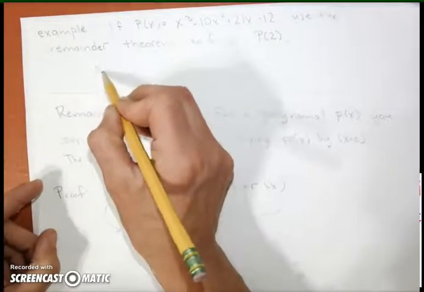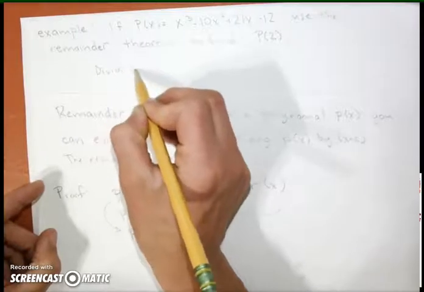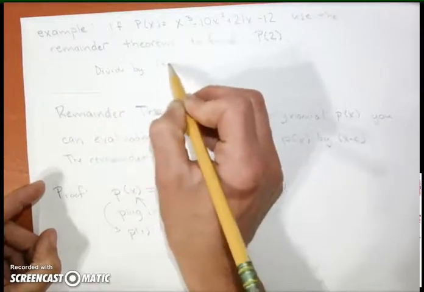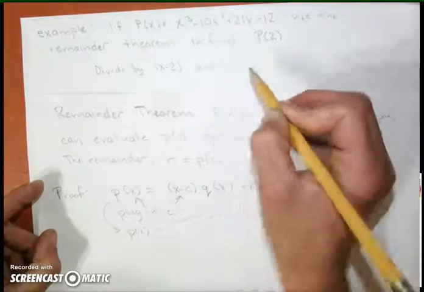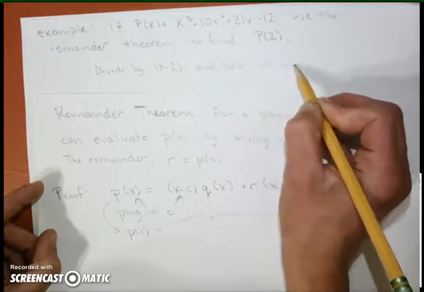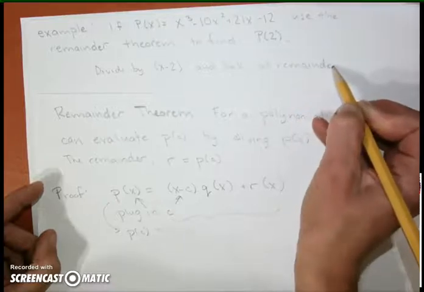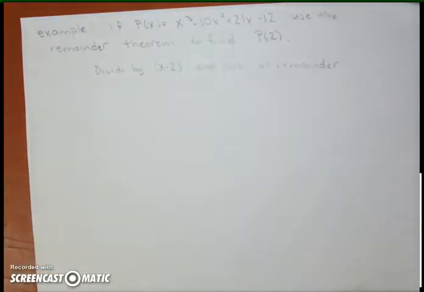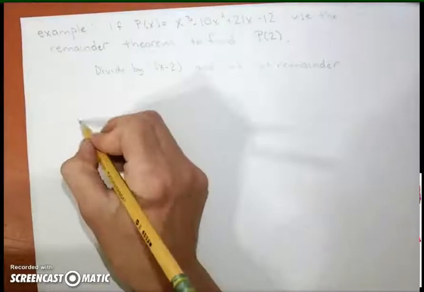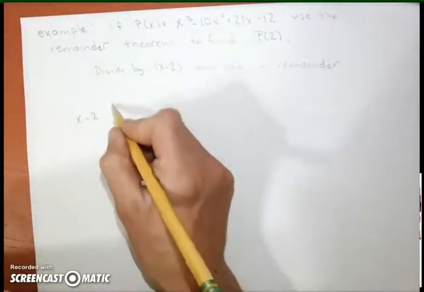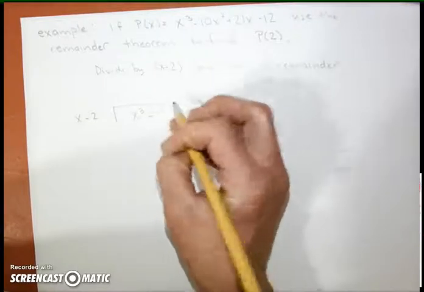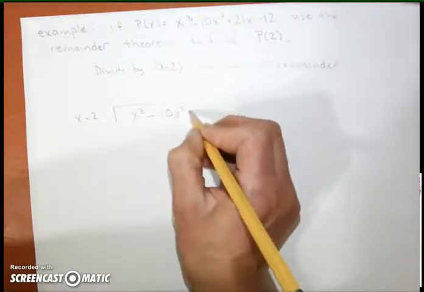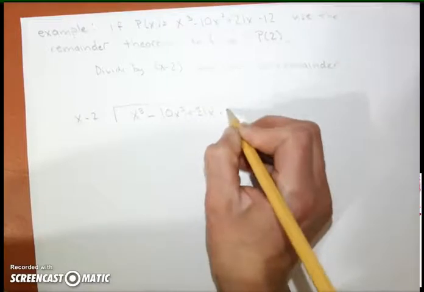So I'm going to divide by x minus 2 and look at the remainder. So I take x minus 2 and I divide it into x cubed minus 10x squared plus 21x minus 12.